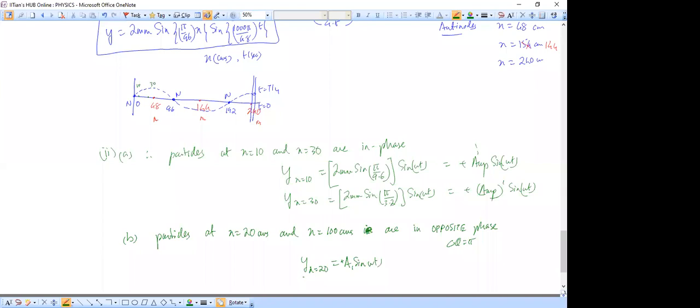But for the other one, you will get minus of some amplitude into sine omega t, because that minus a2 will be 2 millimeter into sine 100 by 96 pi. So you can see that this term will become a negative quantity.